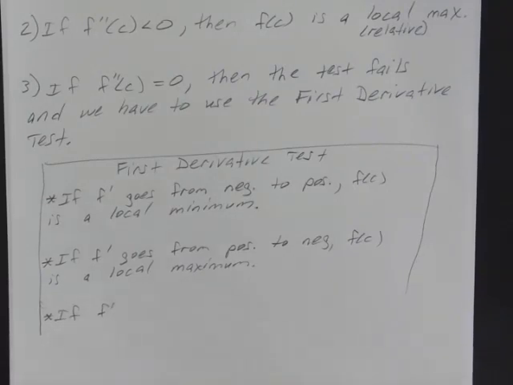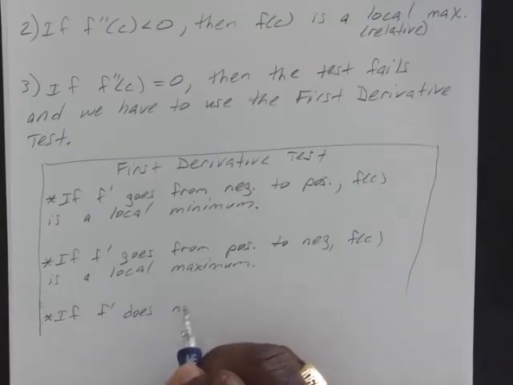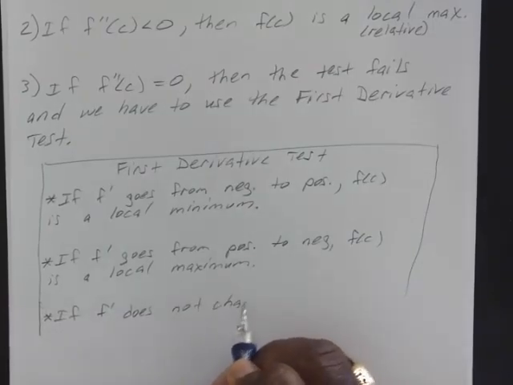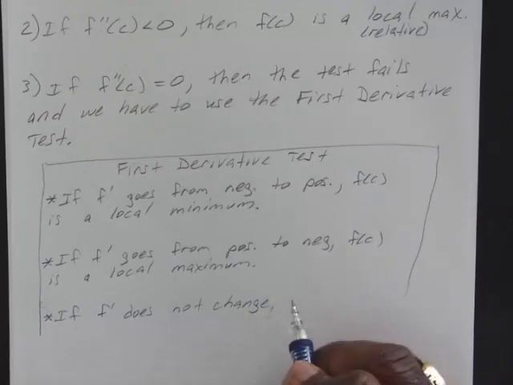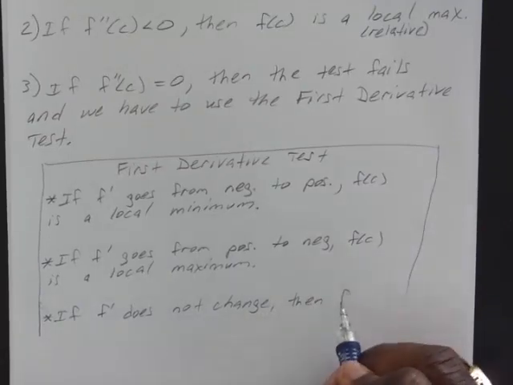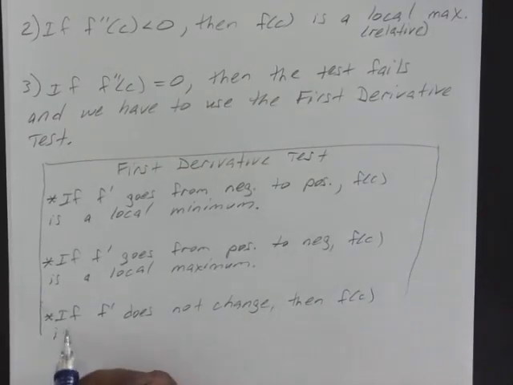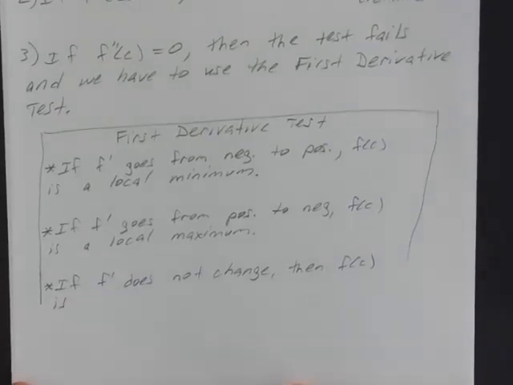Now, if that derivative doesn't change at all, you get to the critical point and it's increasing on the left and then it continues increasing on the right, or decreasing on the left and decreasing on the right. So if it does not change, then we know that f of c is not a local minimum or maximum.